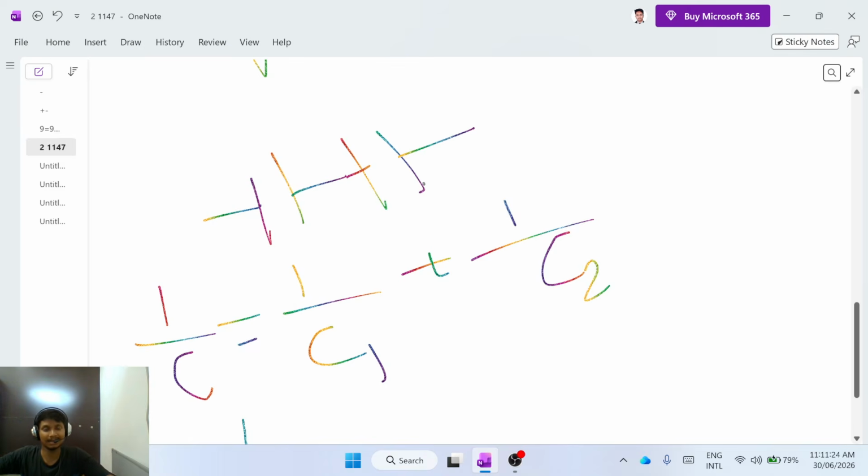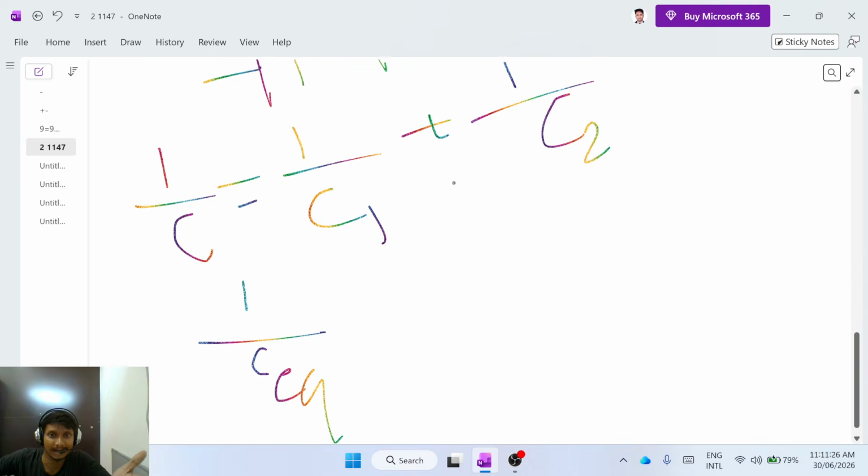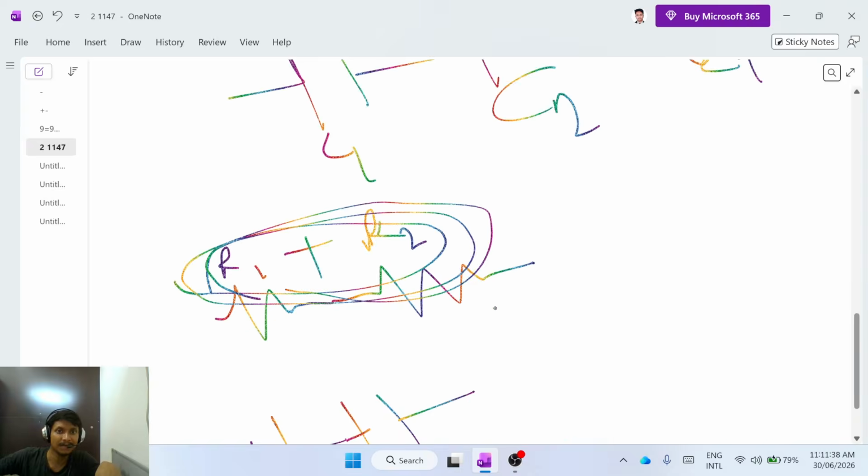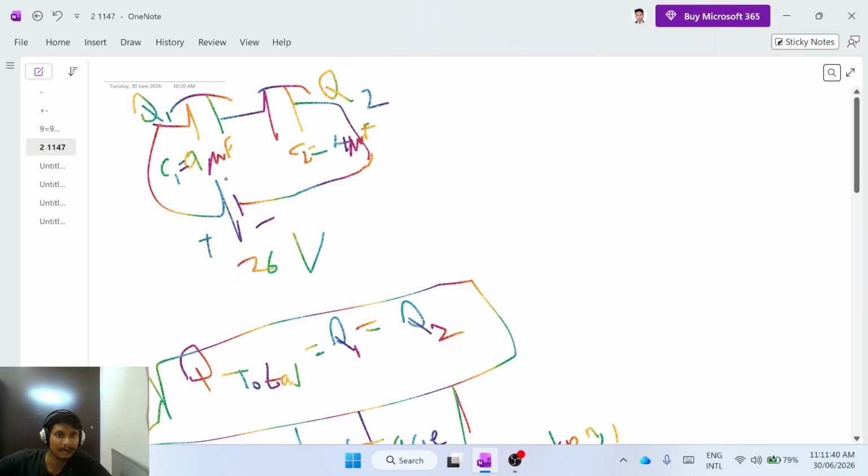We already studied this in advanced level, so we don't need to discuss it very deeply. I just memorized them. 1 by C equivalent is equal to 1 by C1 plus 1 by C2. What is C1? C1 is equal to 9 microfarad. C2 is equal to 4 microfarad.